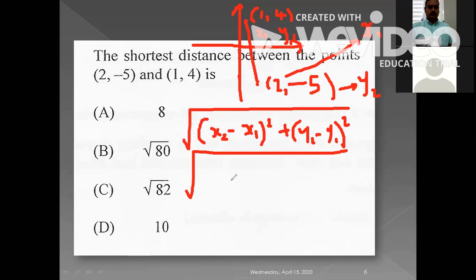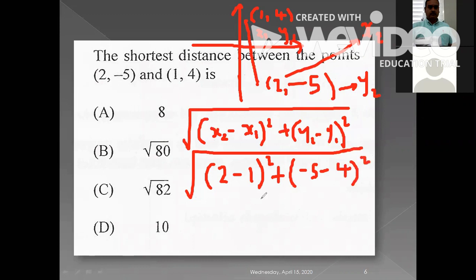So you're going to have 2, this is x2, subtract x1, which is 1, squared, plus y2 is -5, subtract y1, which is 4.